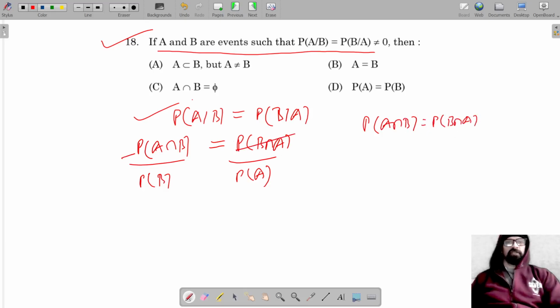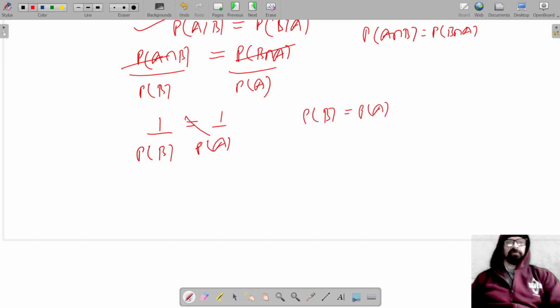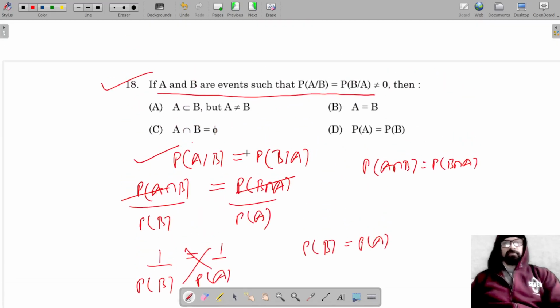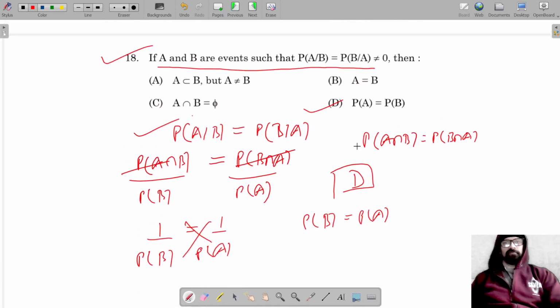So we can cancel them, and it's 1 upon probability of B is equal to 1 upon probability of A, which gives me probability of B is equal to probability of A. So D is the correct option for question number 18.